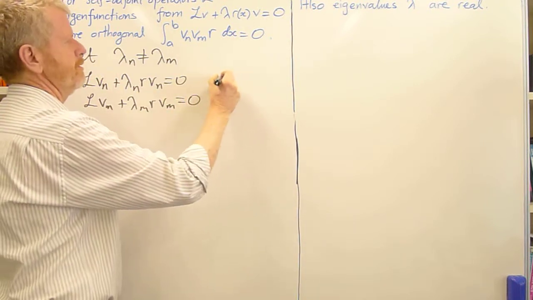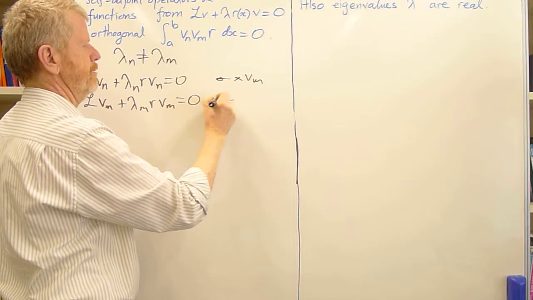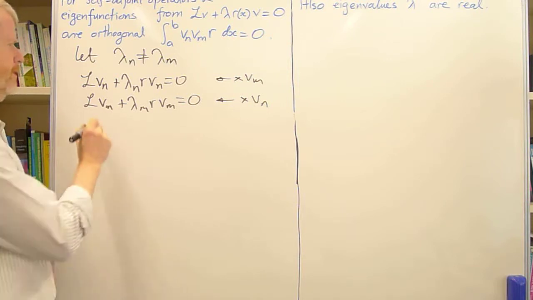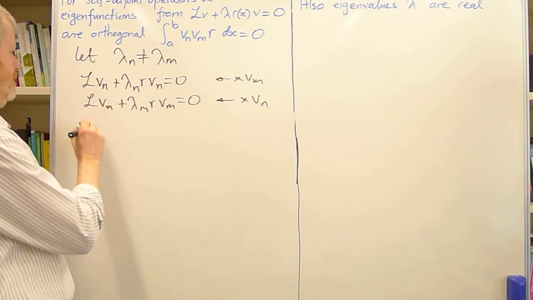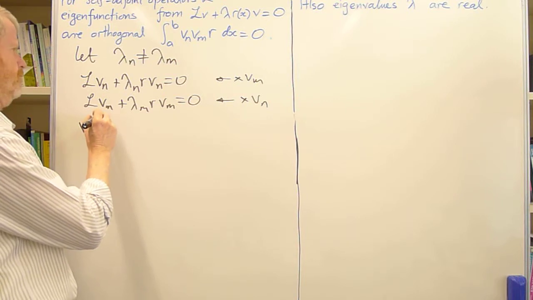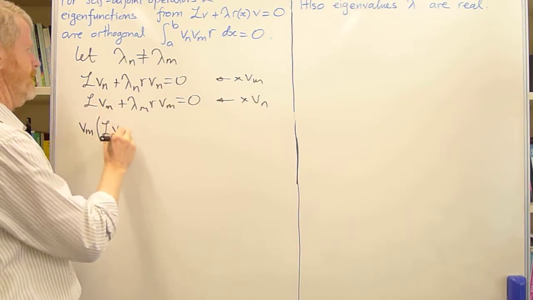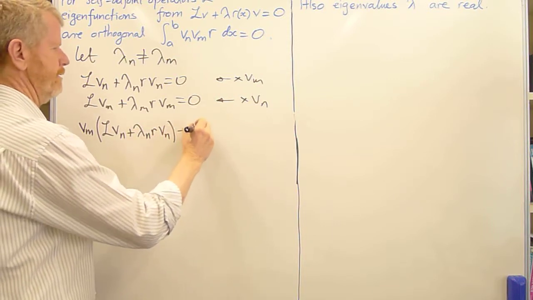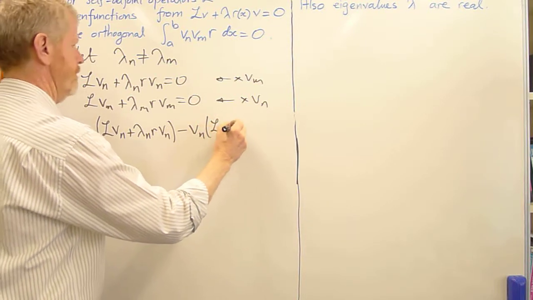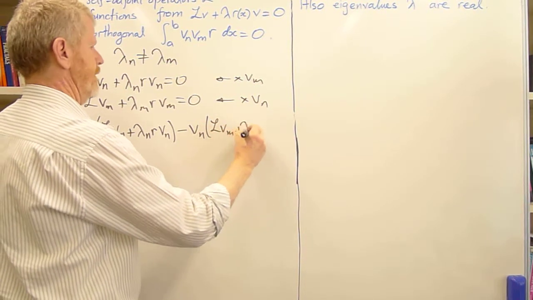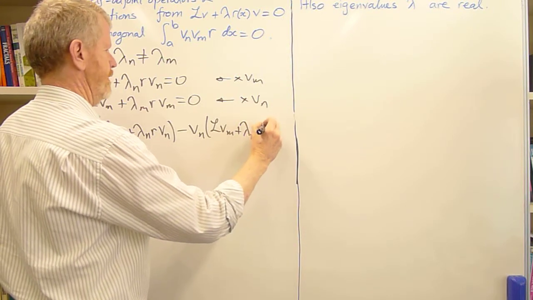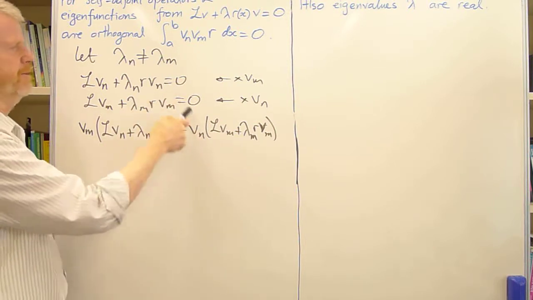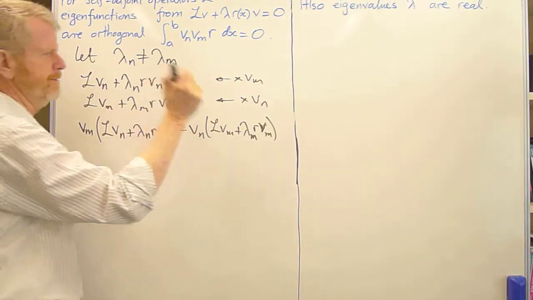Now, multiply the first by Vm, multiply the second by Vn, subtract the two, and what do we get? So we get Vm into (L Vn plus lambda n r Vn) minus Vn into (L Vm plus lambda m r Vm), and then has to be equal to the corresponding right hand side, which is 0 minus 0.